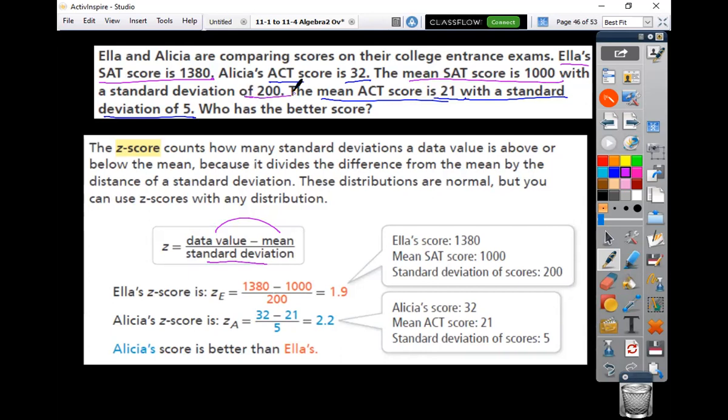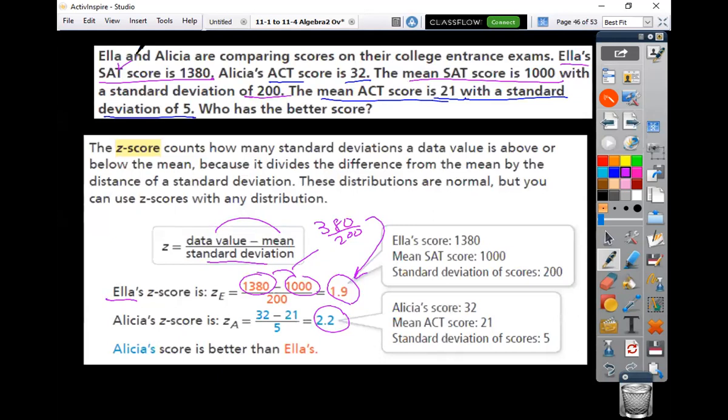So they call this the Z-score, a standardized score. If you figure out how many standard deviations they are above or below the mean, then we can compare these to each other. Ella's 1380 minus the 1,000 means Ella was 380 points above the mean. If each standard deviation is 200, that means she was 1.9 standard deviations above the mean. Remember, Ella was the SAT.